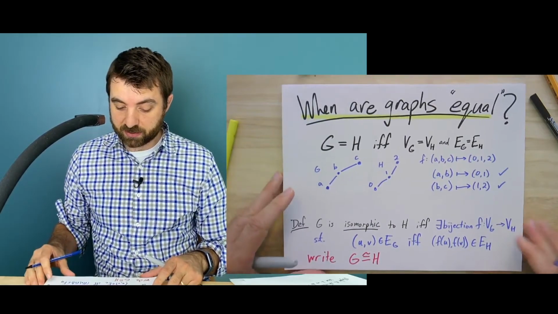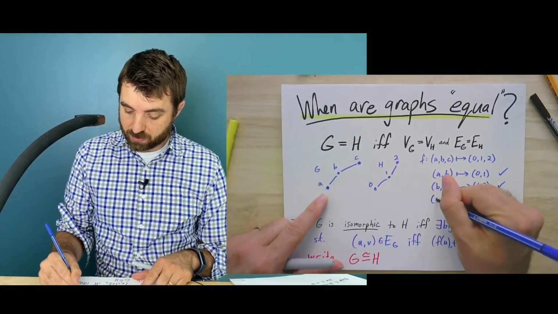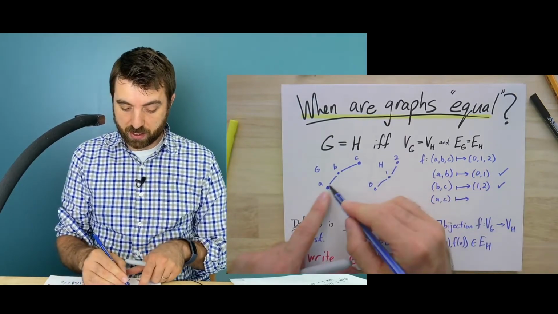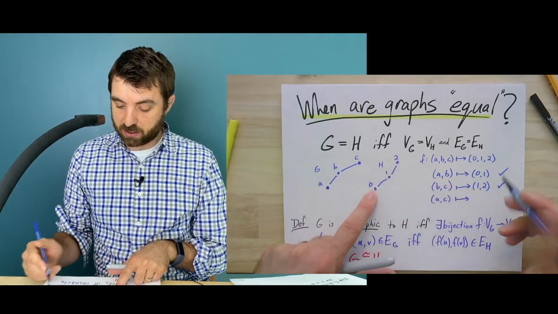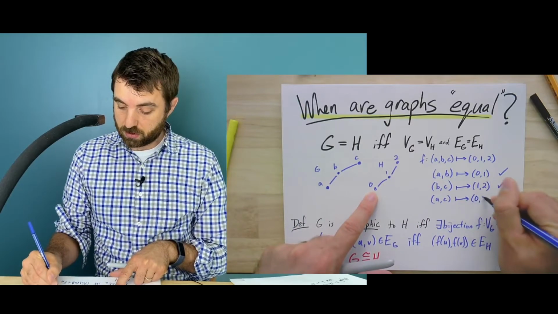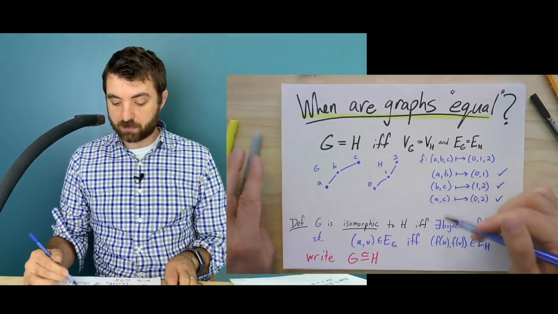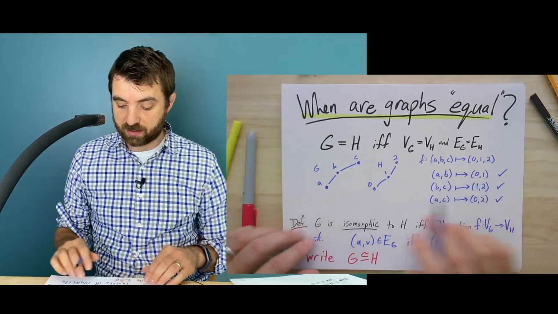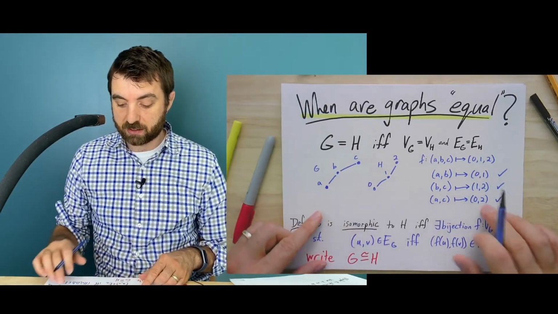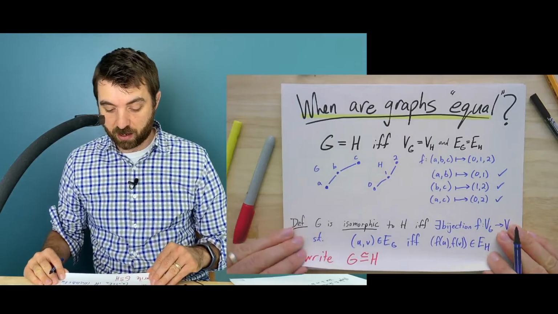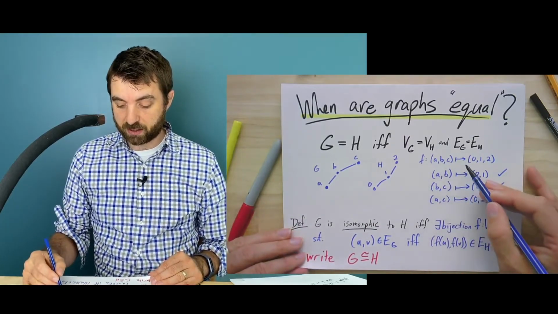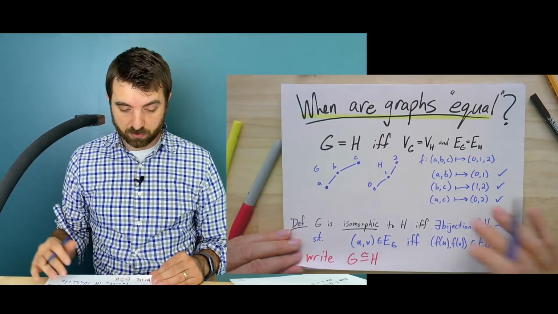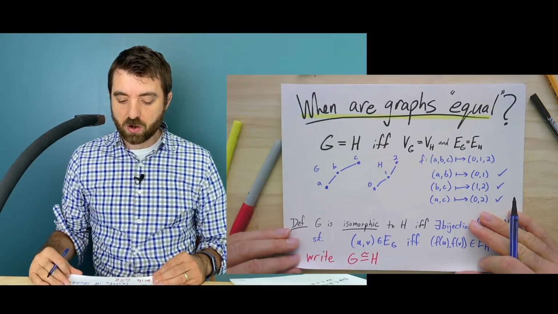And now I also have to check the pair that's not an edge: AC maps to 0, 2. AC was not an edge here, it should not be an edge here, and that is true. So we've checked all possible pairs in G to see that if it's an edge, it maps to an edge, and if it's not an edge, it maps to something that's not an edge in the other graph. And so by manually checking, we see that this really is an isomorphism. Now, this definition is okay.